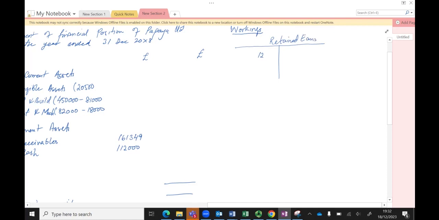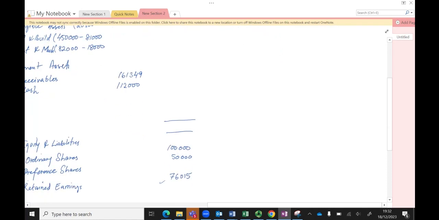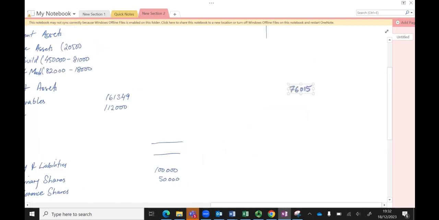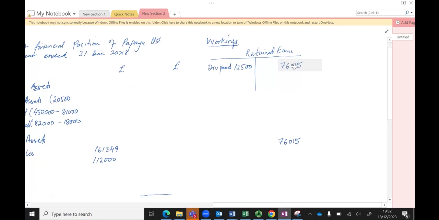So the dividend paid will be appearing on the debit side. The opening balance of retained earnings, which is 76,015, will be recorded on the credit side as a brought down balance.